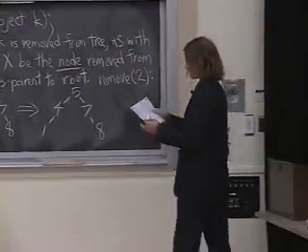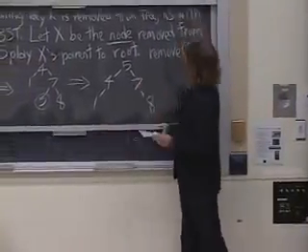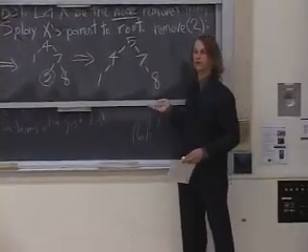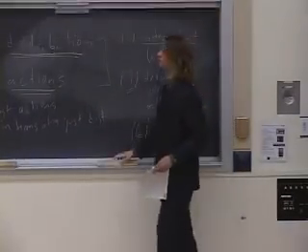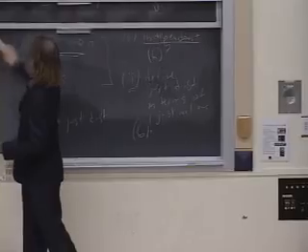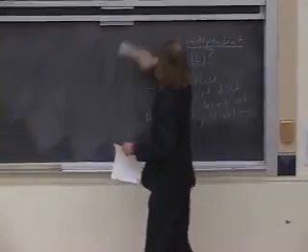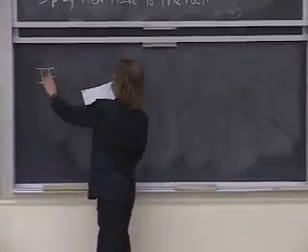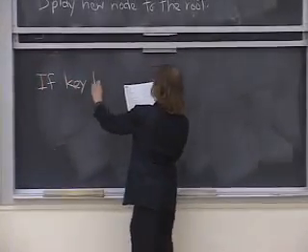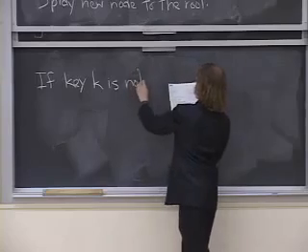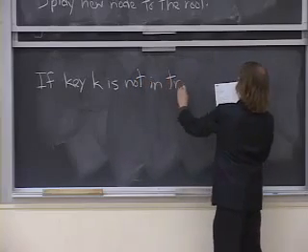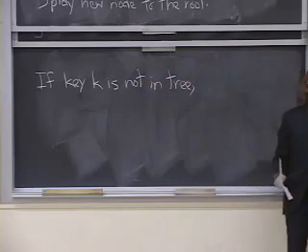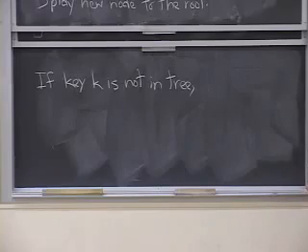Okay. Well, I just have one last note then, which is sometimes you try to remove a key, and it's not in the tree. So if the key you try to remove is not in the tree, well, just like with a find operation, you still have to splay something.